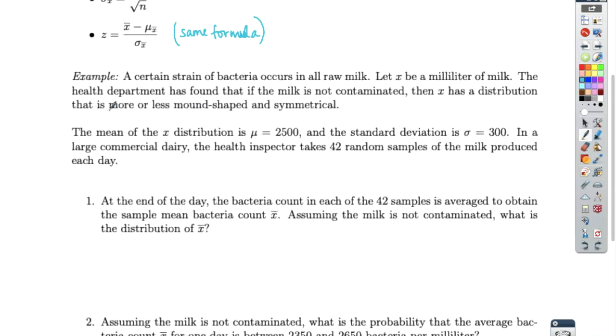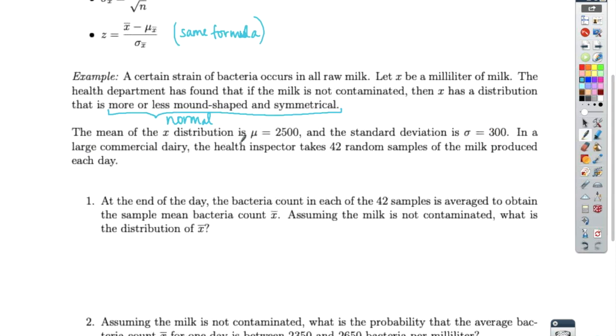When we read this phrase, it's a casual way of saying normal. A normal distribution is mound-shaped and symmetric. So the mean of the distribution for x is mu equals 2500, and the standard deviation is 300.